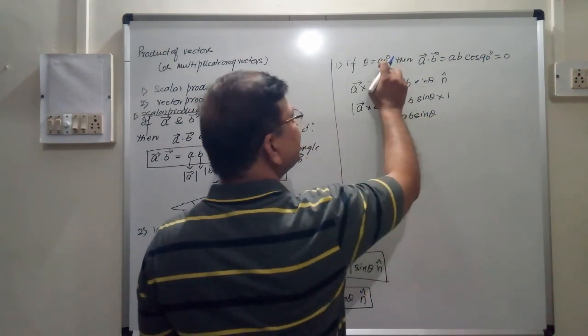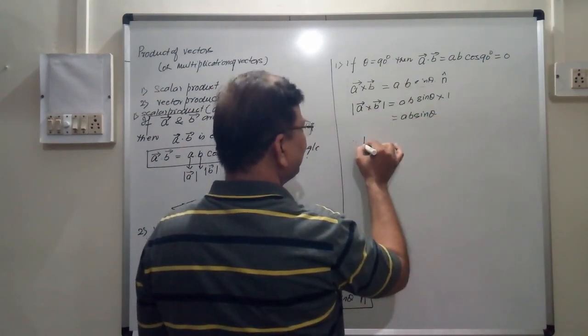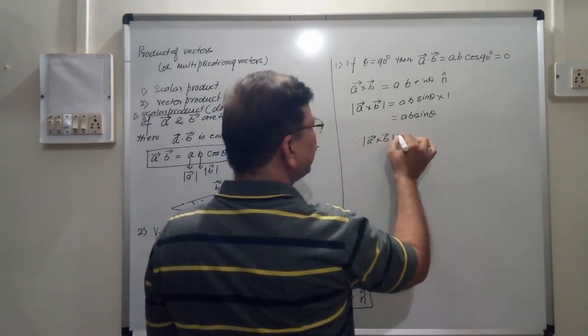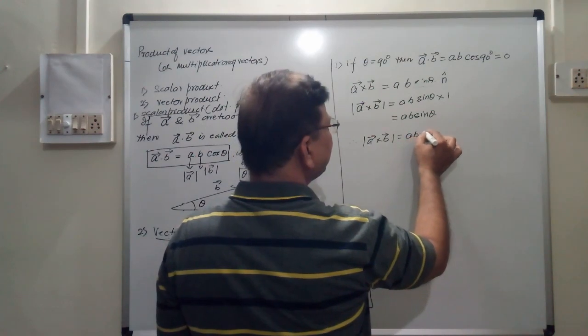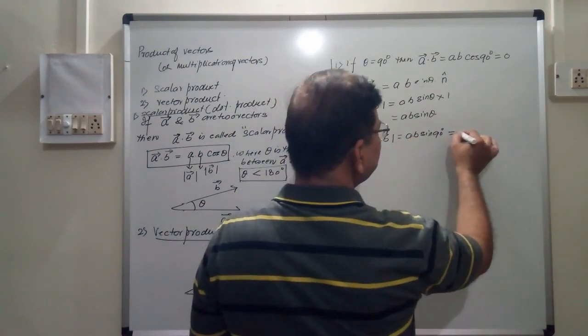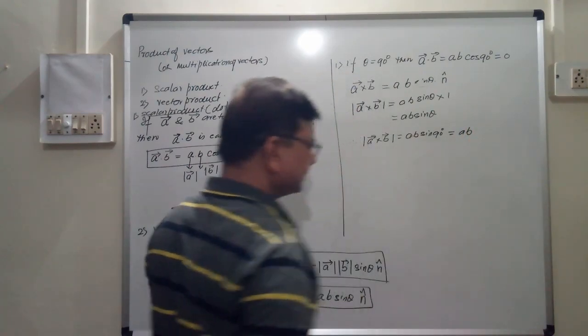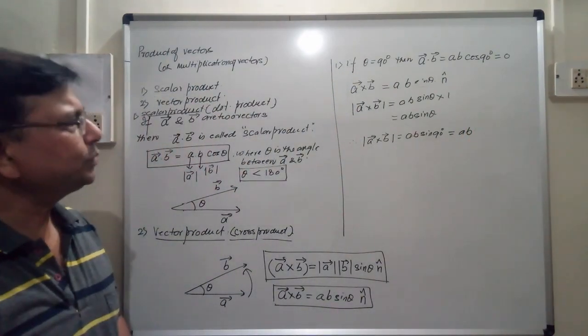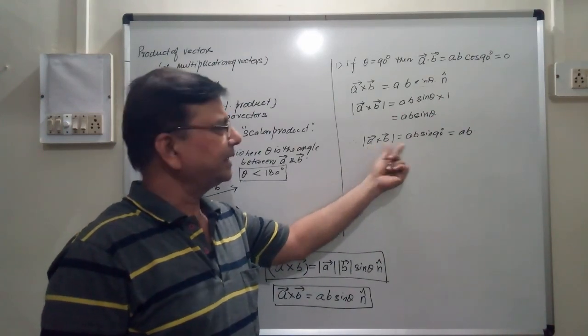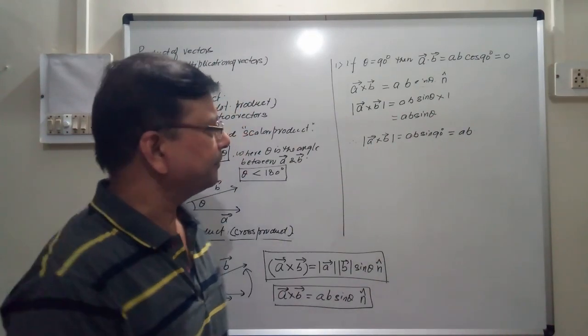Now if theta is 90 degree, therefore mod of A cross B is equal to AB sine 90 degree. That is equal to AB. Right? Magnitude of A cross B when they are making 90 degree will be AB.